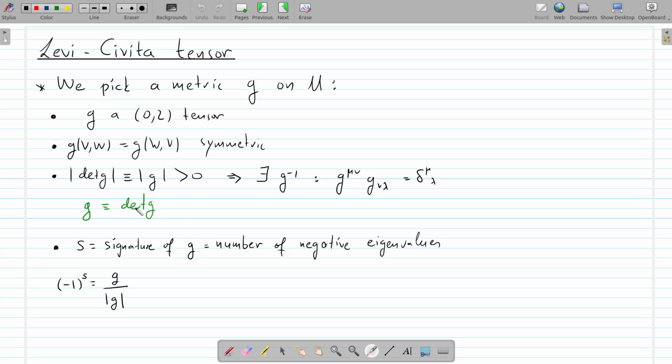We will denote the determinant of the matrix of the components of this tensor by simply the letter G, and the components of the inverse will be written with the letter G without the -1, but placing the indices upstairs instead of downstairs. So the definition here of the inverse simply states that if we multiply the g mu nu matrix elements with the g nu lambda, we will obtain the diagonal matrix, delta mu lambda.